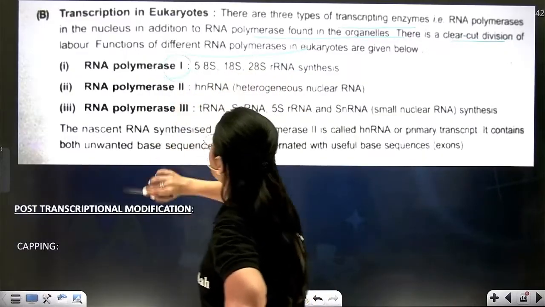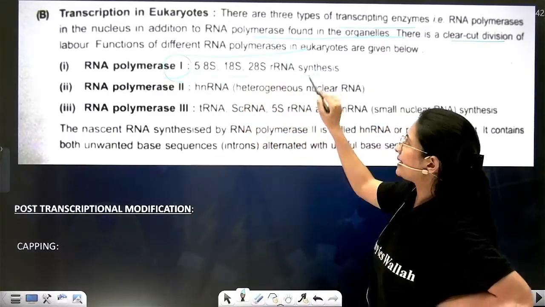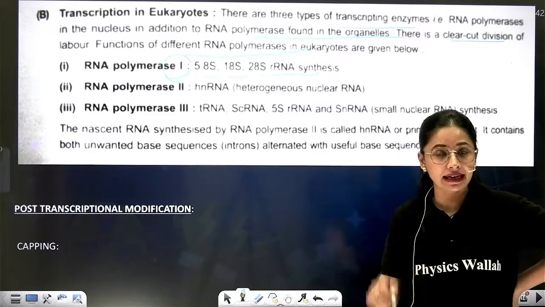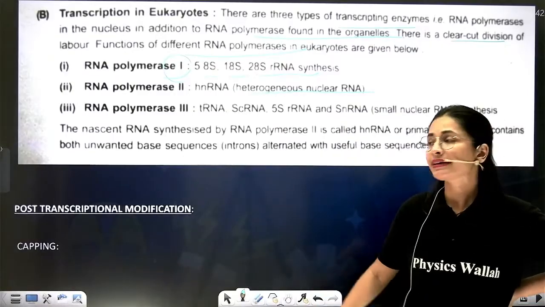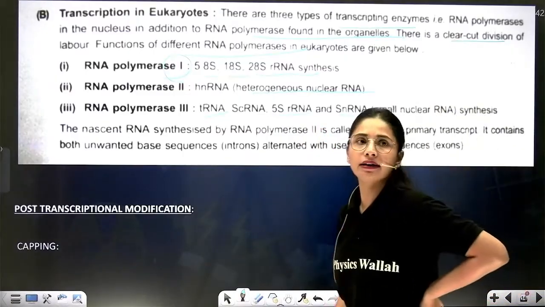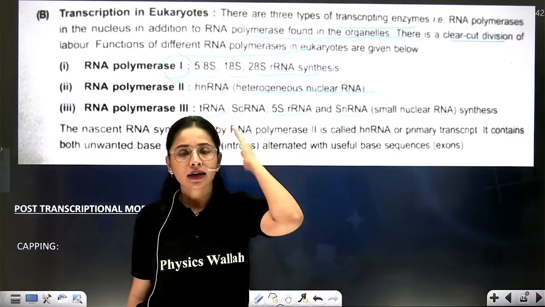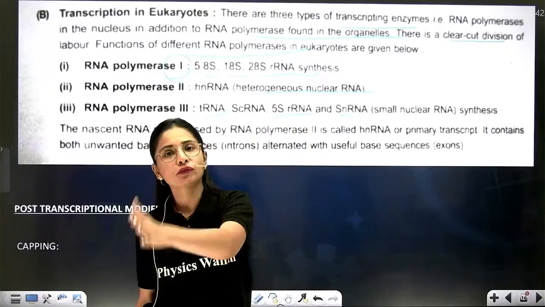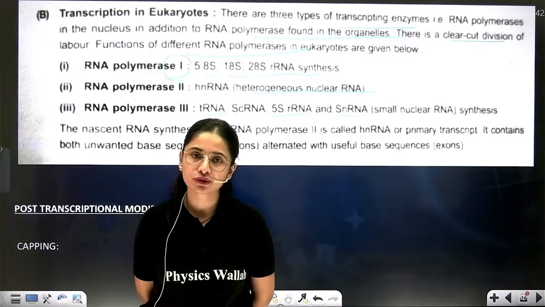RNA polymerase 1 is responsible for the synthesis of 5.8S, 18S, 28S rRNA. RNA polymerase 2 is responsible for the synthesis of the RNA that I was talking about, heterogeneous RNA. And RNA polymerase 3 is responsible for tRNA, snRNA, 5S RNA. Clear? So you can see in case of eukaryote, the synthesis of RNA is divided between 3 types of RNA polymerase. I hope you all have understood till here.